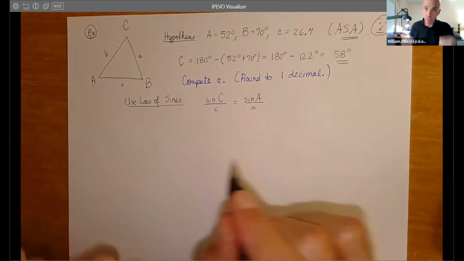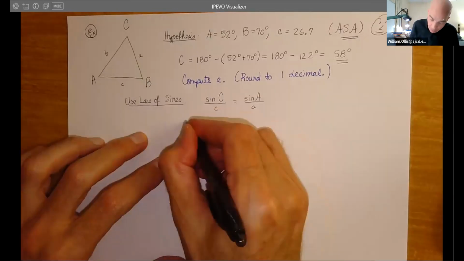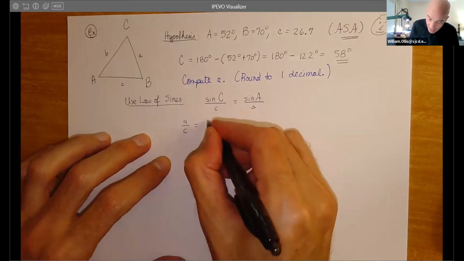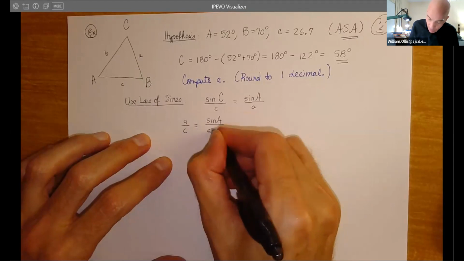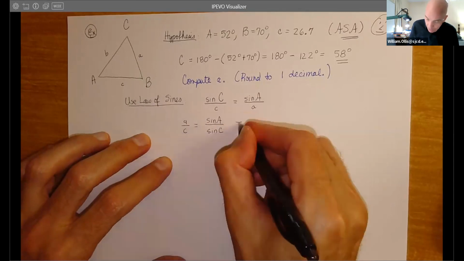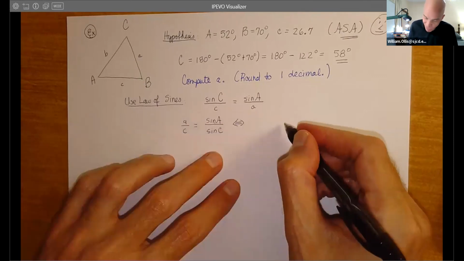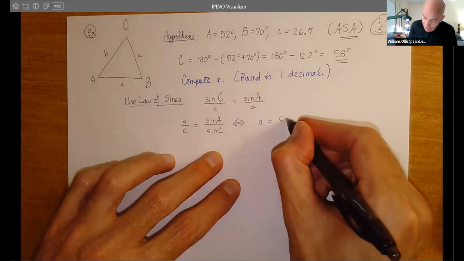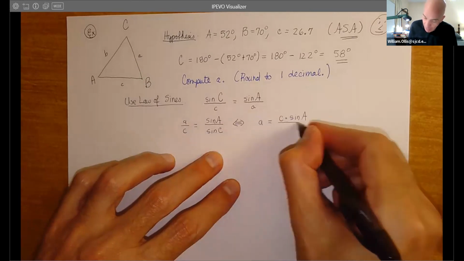So if you want, go ahead and flip everything around. So we have A over C equals sine A over sine C, just using laws of the proportion. And then, of course, if you like, we can cross multiply by C. So A equals C, I'll use a little dot, times sine A divided by sine C.